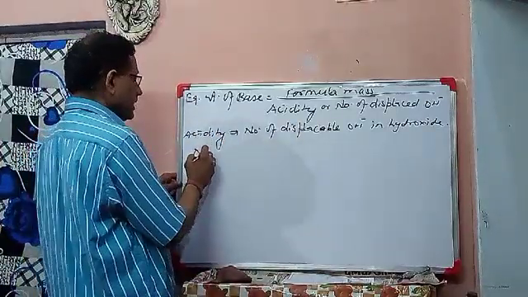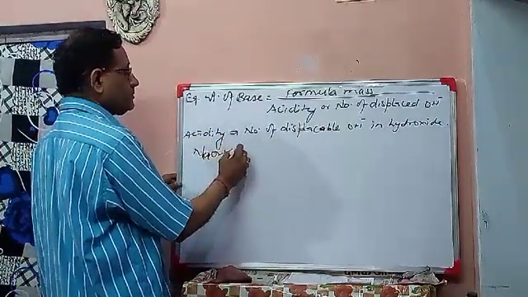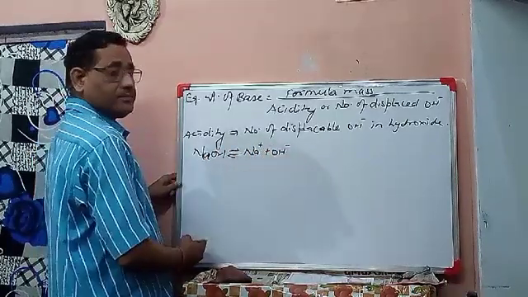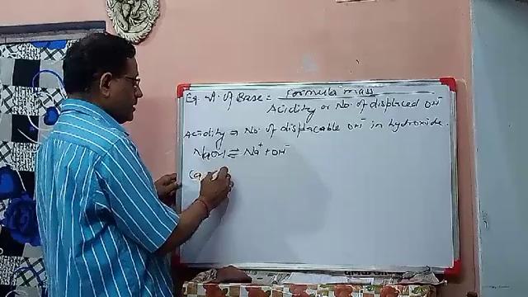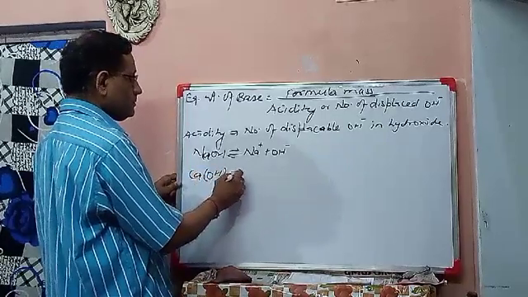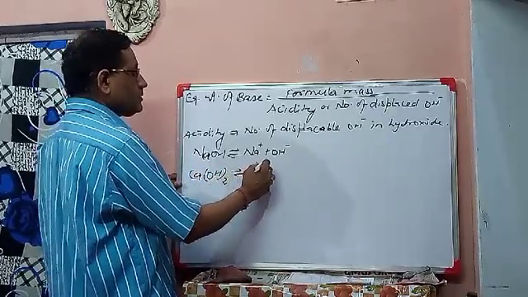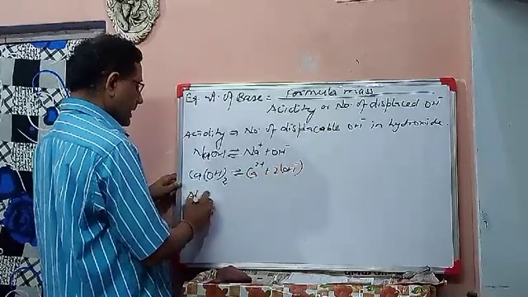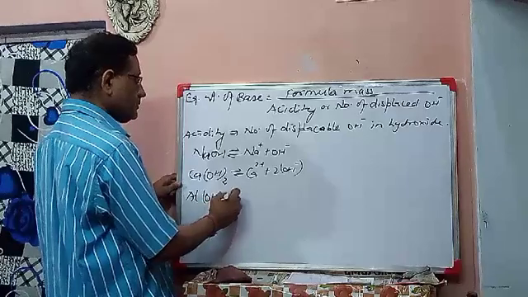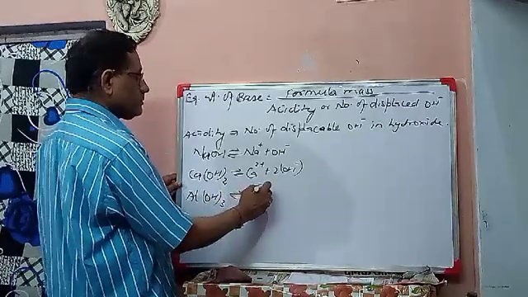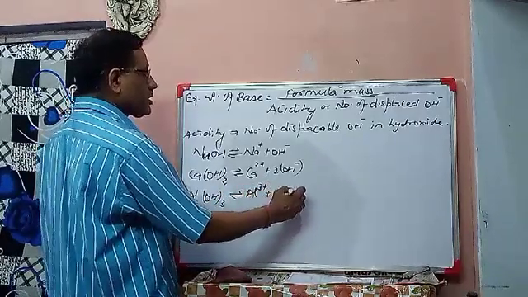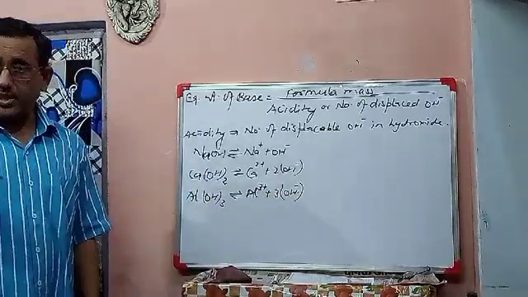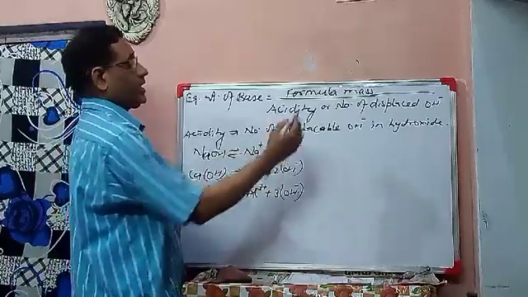For example, NaOH gives only 1 hydroxyl ion. Calcium hydroxide gives 2 hydroxyl ions. Aluminum hydroxide gives 3 hydroxyl ions. So the acidity will be 1, 2 and 3 respectively.